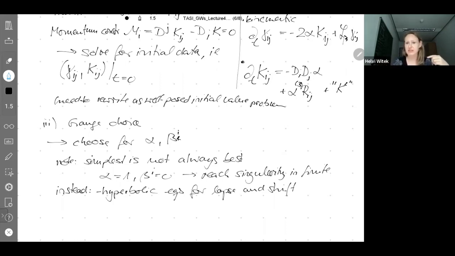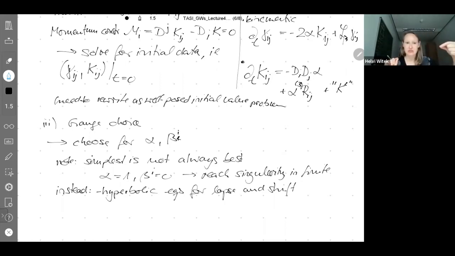And the shift is also a time evolution equation, chosen in such a way that it allows us to reduce any shears in the coordinates that may come about due to, for example, two objects orbiting around each other.